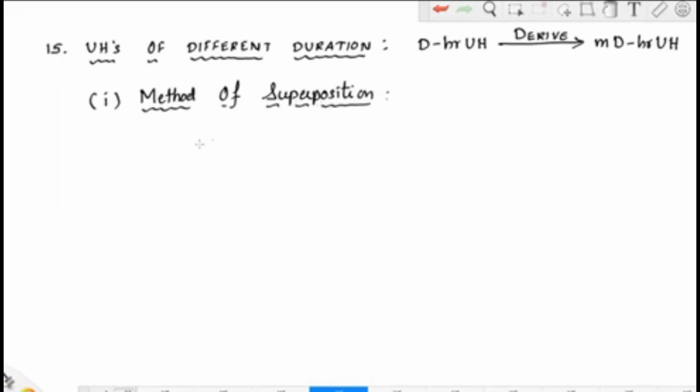You use this when M is an integer, so M is 2, 3, 4 and so on. When M is an integer, you can go for the method of superposition.